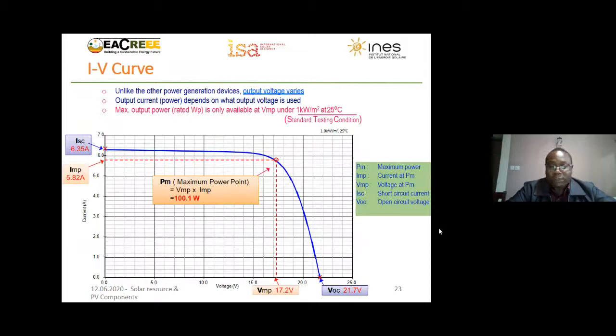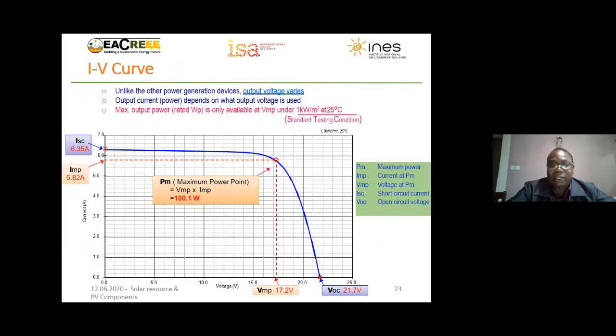And just to explain further, a PV module is also one of the funny types of generators, I can say, that you are able to short circuit without damage, and you can also read some voltage when it's open circuit. So we have some terminologies that are used, and this is a curve.